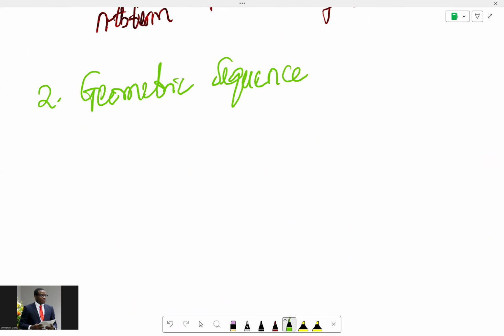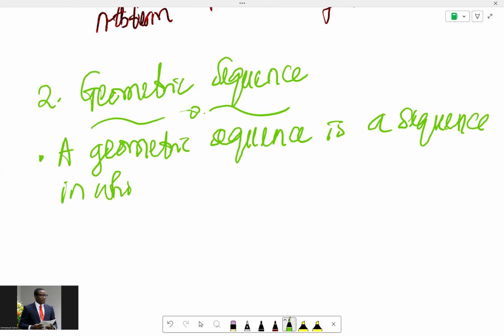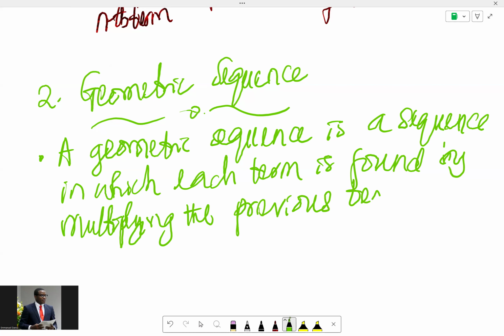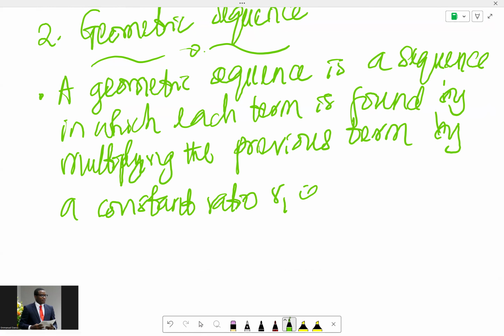So for the geometric sequence, we should know that a geometric sequence is a sequence in which each term is found by multiplying the previous term by a constant ratio, r, and that is called the common ratio.